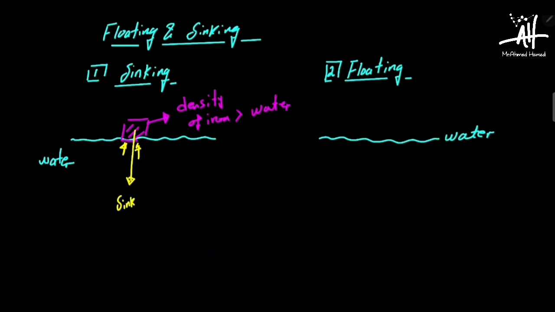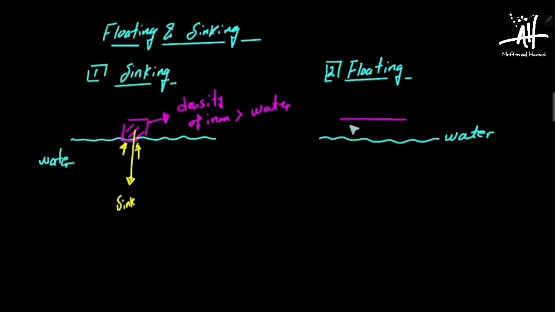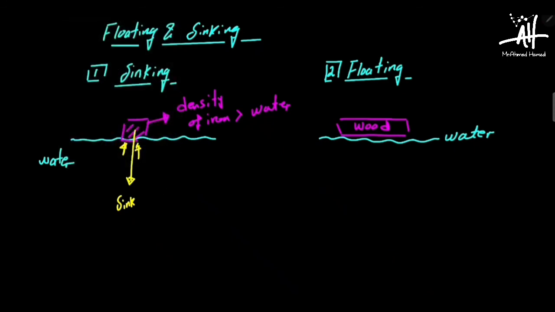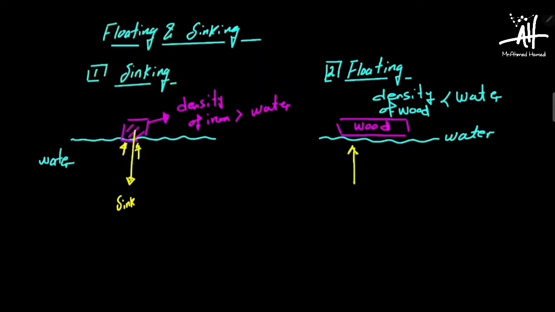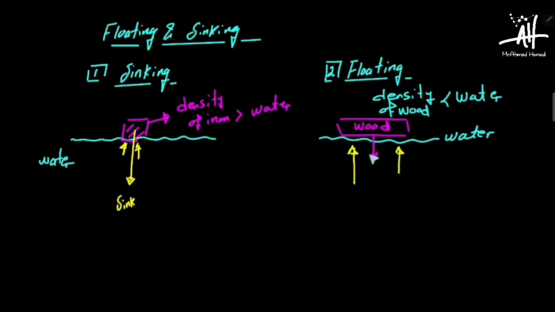And on the other hand, if we got a piece of cork or wood, the cork or the wood have a density less than the density of water, which means that the upward force from the water will be stronger than the downward force of the wood.